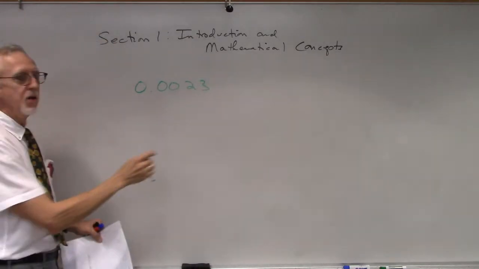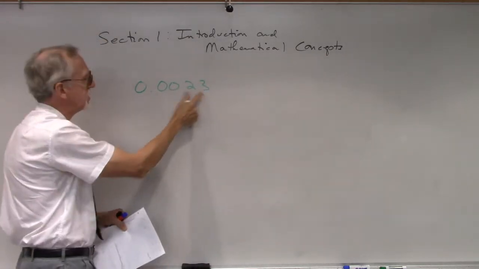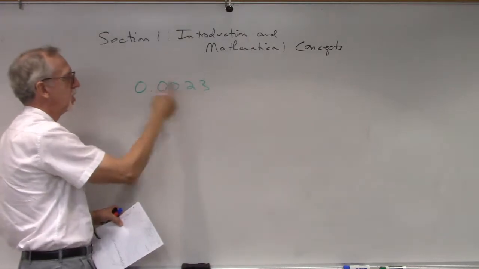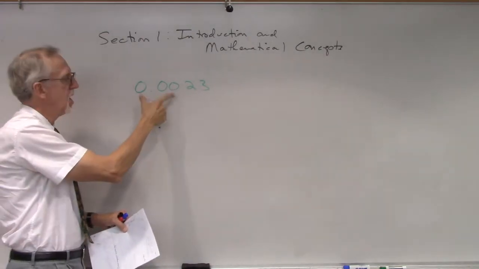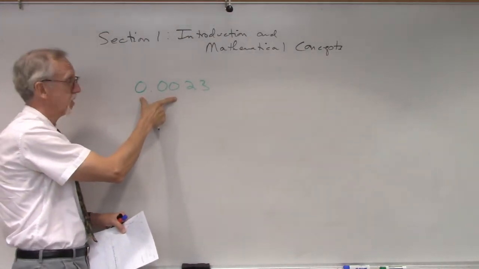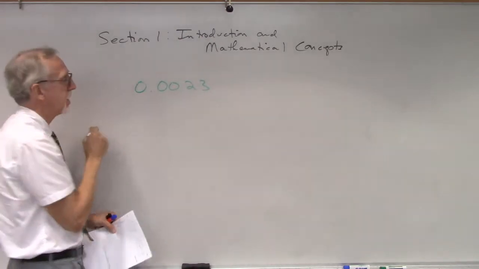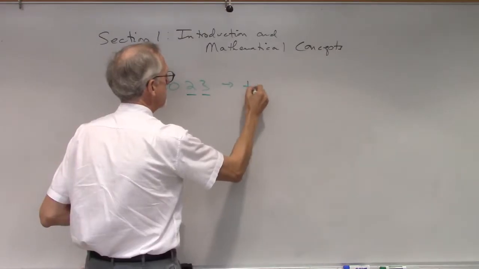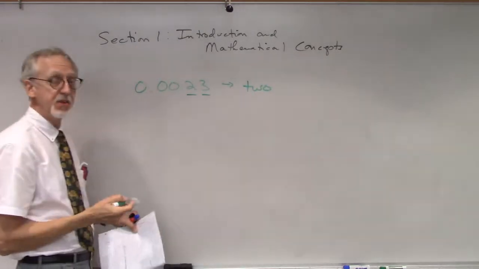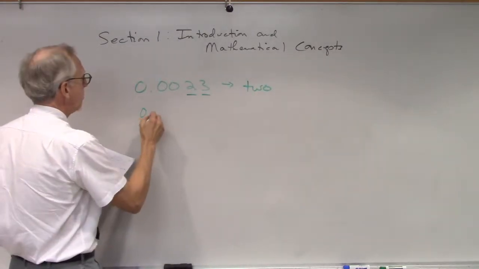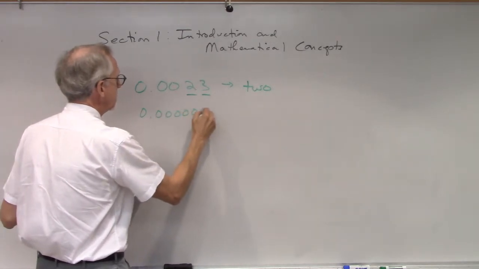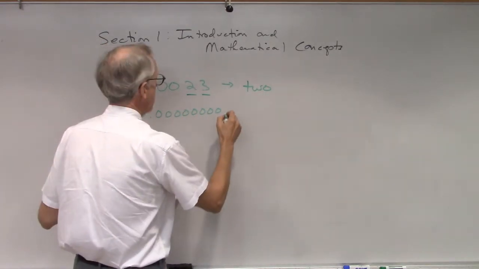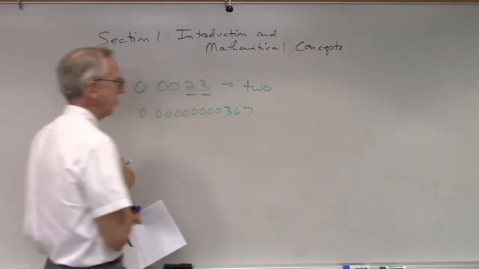0.0023. These are the non-zero digits. These are the zeros to the left of the non-zero digits. They are never significant. So how many sig figs does this number have? Not significant. 1, 2. 2 significant figures. 0.0000000367.